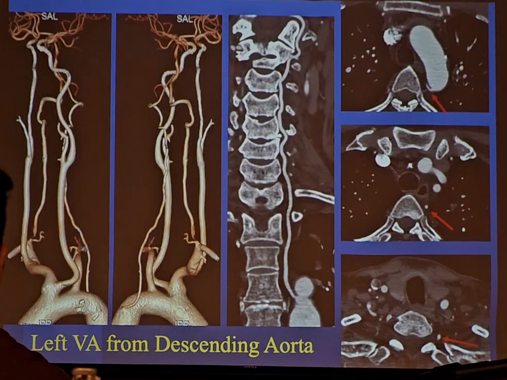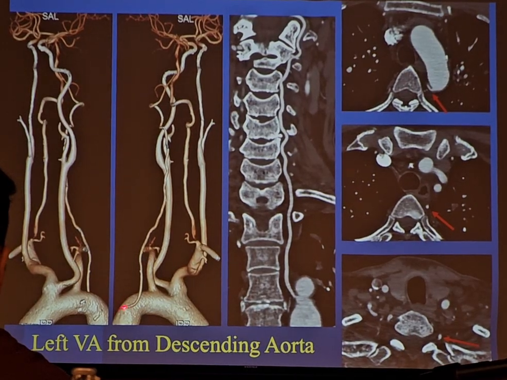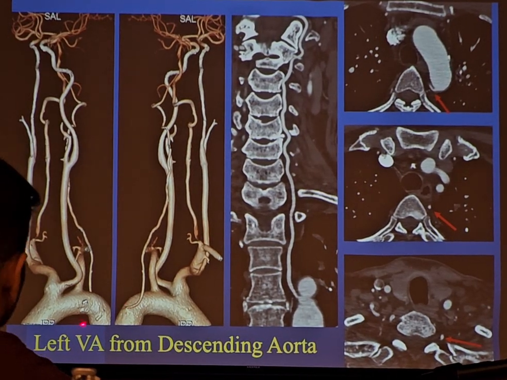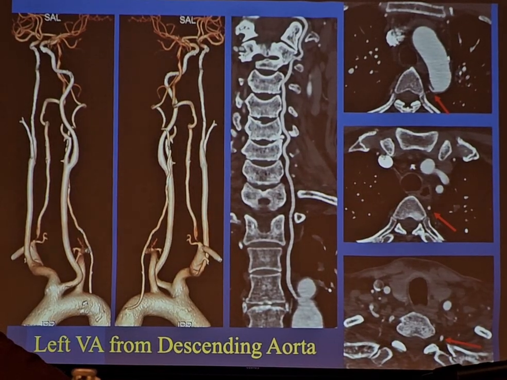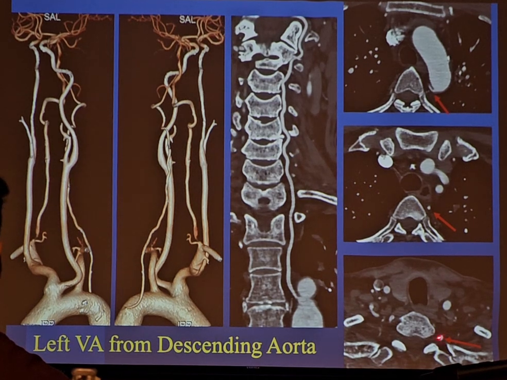This is a left vertebral artery from the descending aorta, not the subclavian artery. The subclavian artery is here, but this originates from lower down, from the descending aorta. This probably went down and did not connect to the 7th subclavian artery. So the 8th segment or T1 segment continues and becomes the vertebral artery. You can see the vertebral artery originating from there.